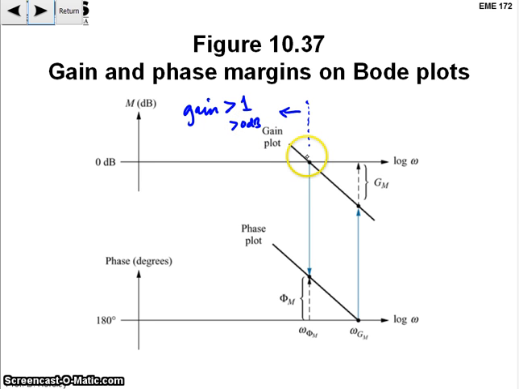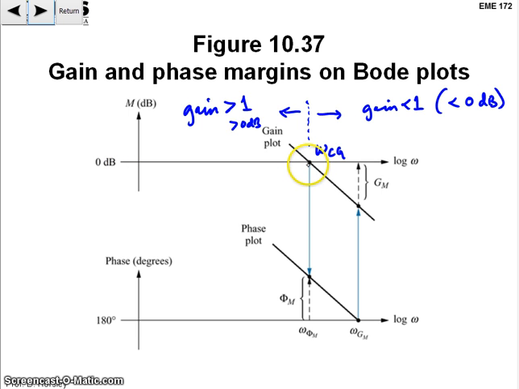At frequencies below this point, the gain is greater than 1, and at frequencies above this critical frequency, the gain is less than 1, or less than 0 dB. So this is a critical frequency, and we call this the gain crossover frequency, omega CG. It's where the gain plot crosses over 0 dB.